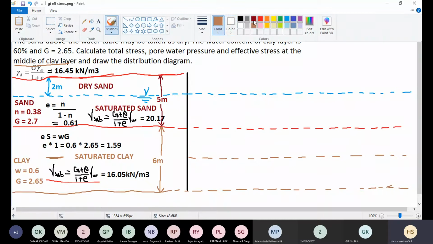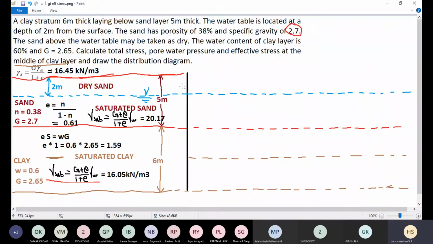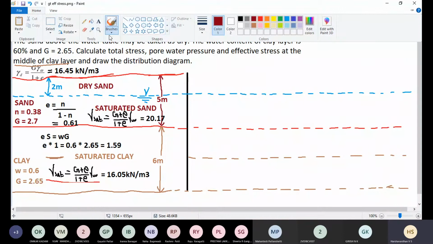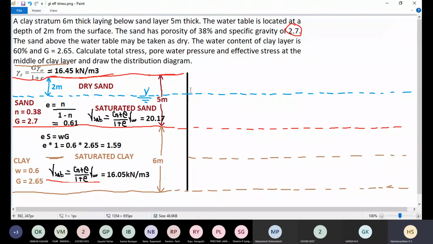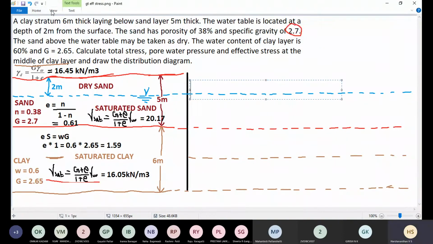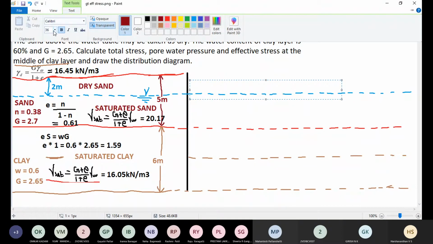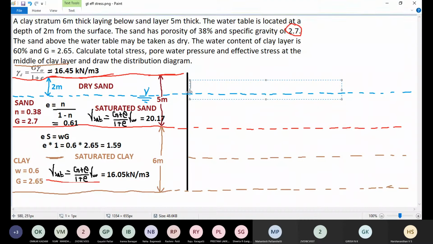Okay, first, the total pressure here is 0. Next, we'll calculate total pressure at the top of the water table. Above the water table, dry sand is present, for a depth of 2 meters. Unit weight of dry sand is 16.45, and it is present for 2 meters.